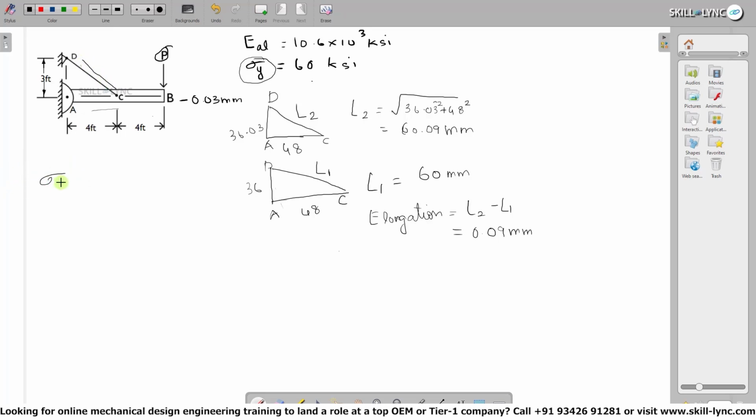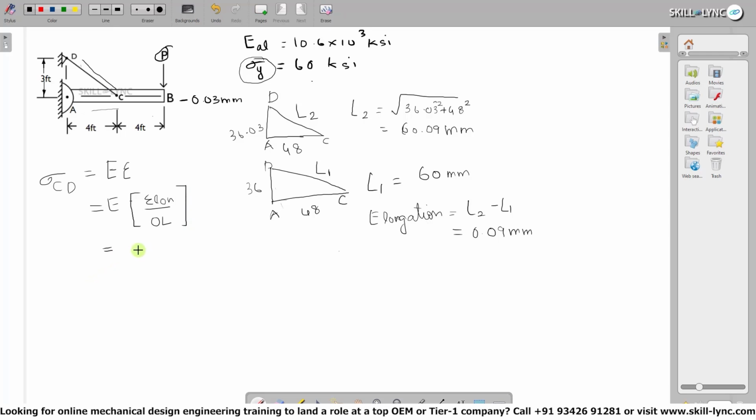For that, sigma CD will be equal to Young's modulus into epsilon. We know that epsilon is equal to elongation divided by the original length. This is from the strain formula.